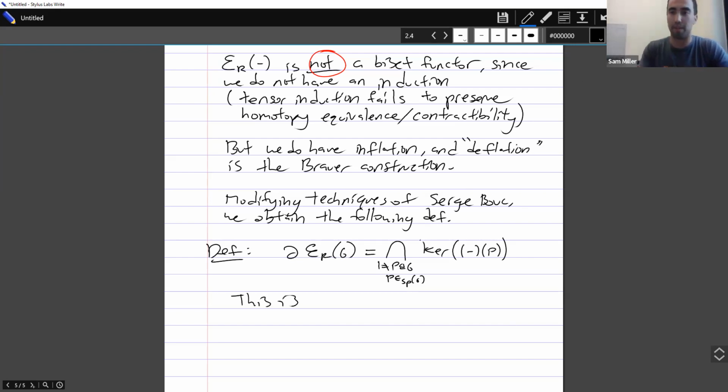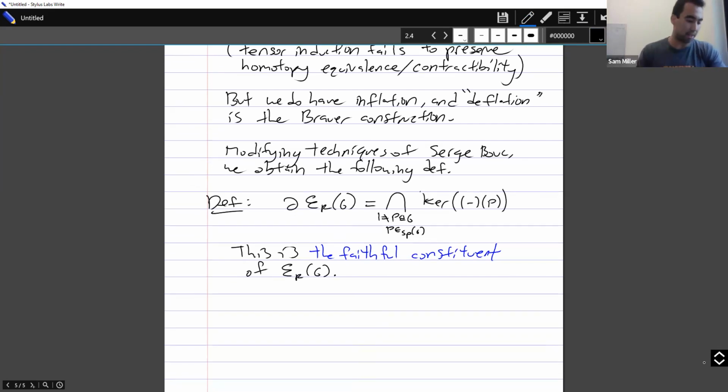And this is what we call the faithful constituent of E_K(G). And one can think of this as sort of being the group that consists of endotrivial complexes, which are not induced from smaller quotient groups. And I'll make this more precise in the following way, with the following theorem.